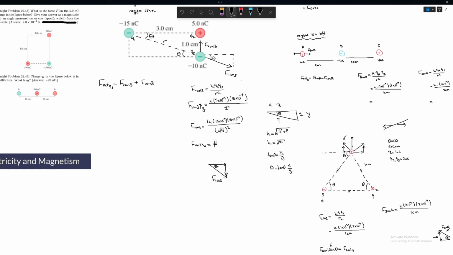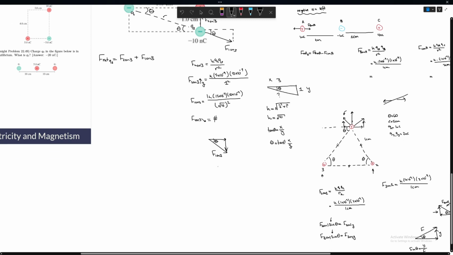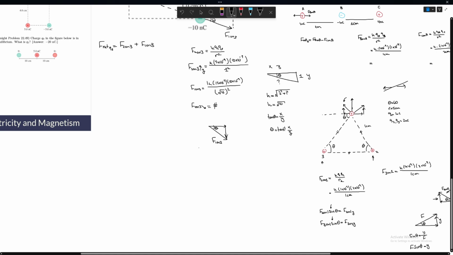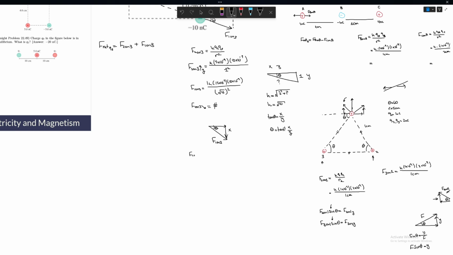Now that we have this theta, which is the same as this theta, we can use it here to split this into x and y. And so my x is simply f1 on 3 sine theta equals my x. Sorry, actually no, that is sine. I don't know why I named that x.